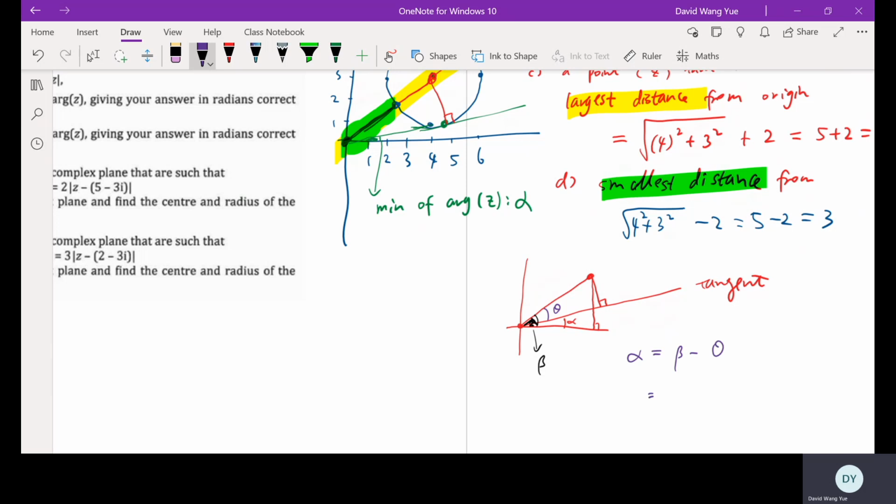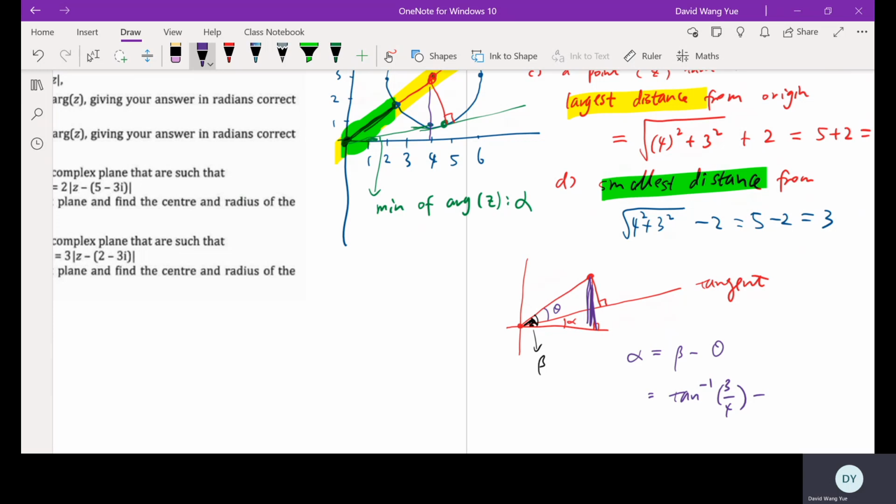Now, how do we get beta? Now, beta faces this part, and this part is the y coordinate of the center, and that is 3. And then the adjacent is 4, so beta is tan inverse 3/4.